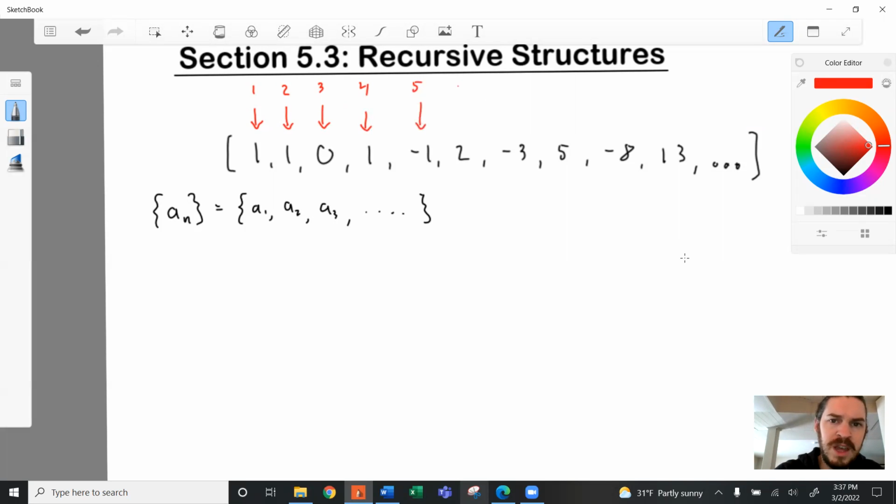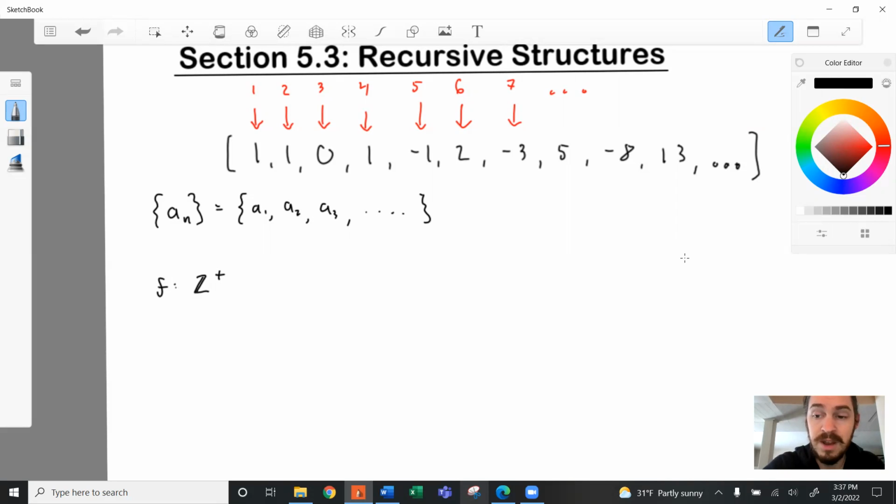So the first thing I want to do, and this is not really related to recursion at all, but just related to sequences in general, is describe to you how we can define a sequence as a function. So what we have here are our inputs. The red positive integers are inputs, and the outputs of the function are whatever set contains the terms in the sequence. So in this case, this is an integer sequence.